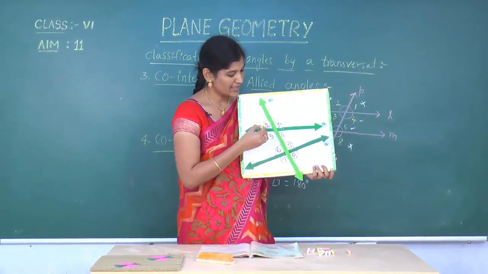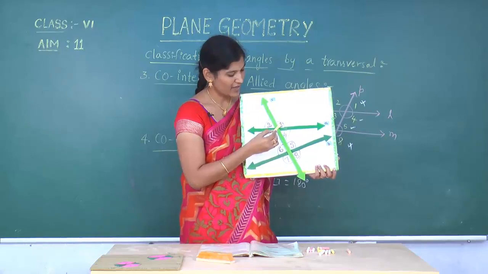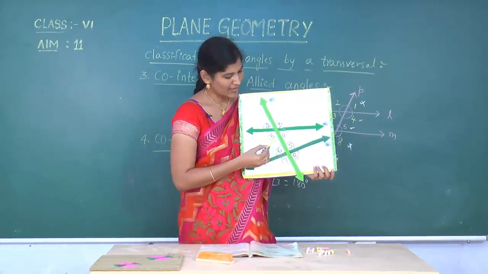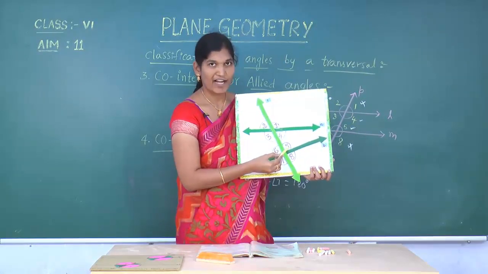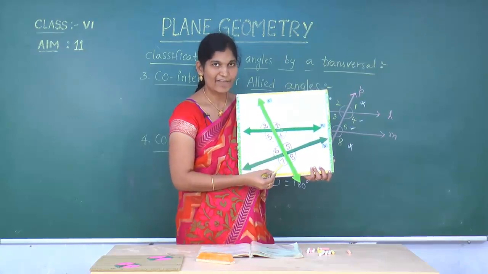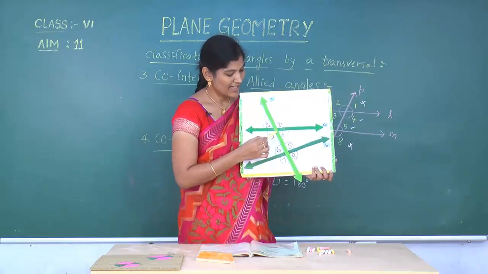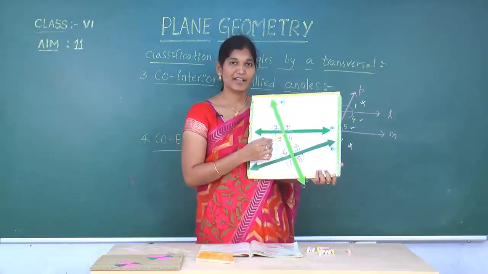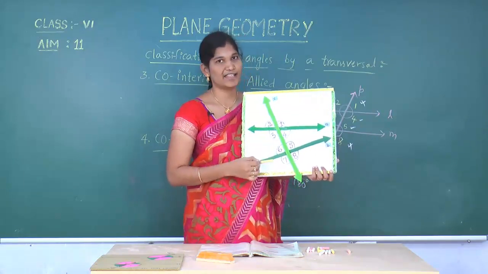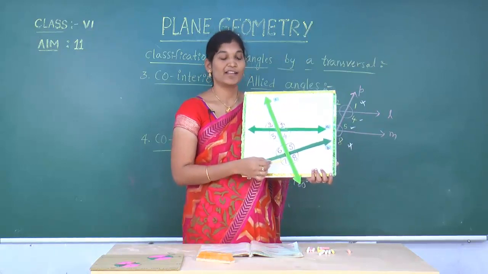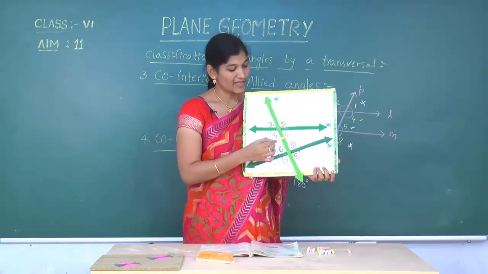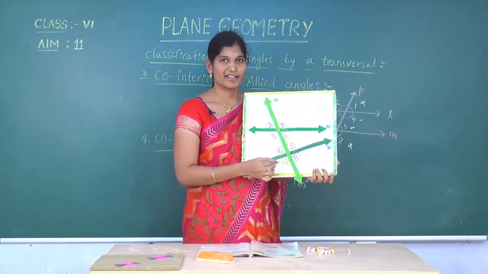How many angles did they form here? 8 angles. 1, 2, 3, 4, 5, 6, 7 and 8. And if a transversal cuts any two different lines at different points, then we can form 8 angles.